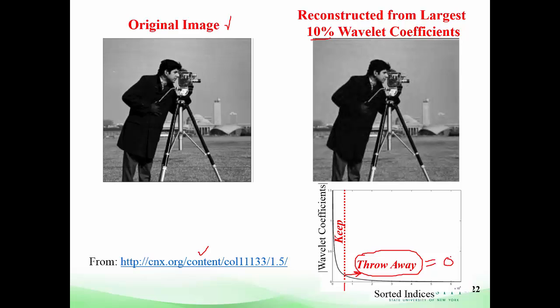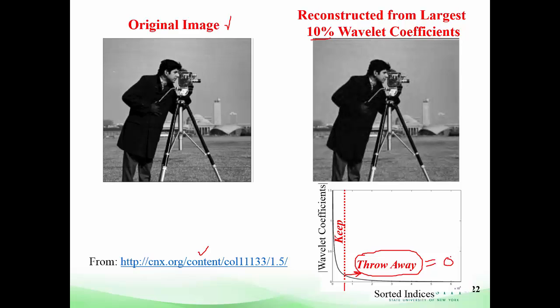Because we've set them to 0, we don't necessarily have to store those. Now there are some issues with telling the decoder which coefficients we kept and which ones we didn't. That's a whole other issue, but we're ignoring that issue here.